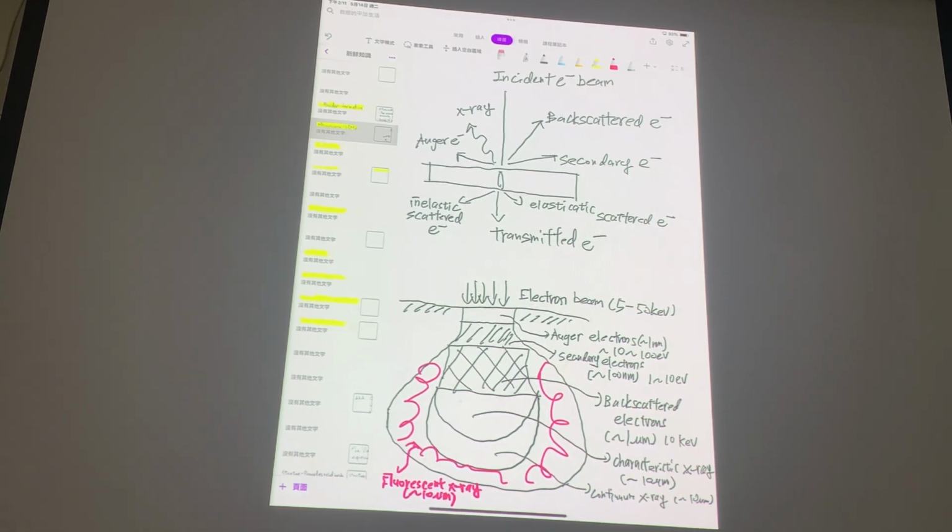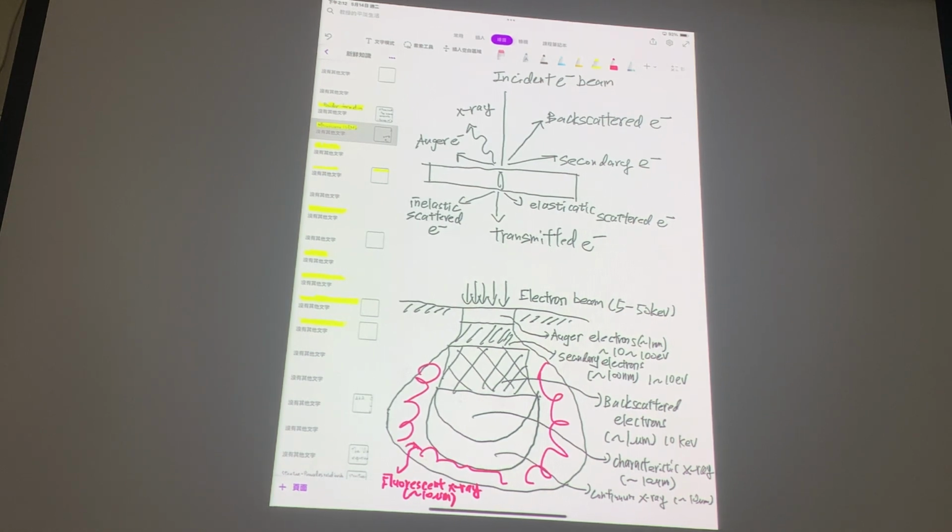Either way, I think in some way you'll do SEM, right? So a couple of pieces of information are worth remembering. One is the secondary electron, whose penetration depth, as I wrote, is about 100 nanometers. The backscattering electron is about 1 micrometer, and the characteristic X-ray is about 10 micrometers.